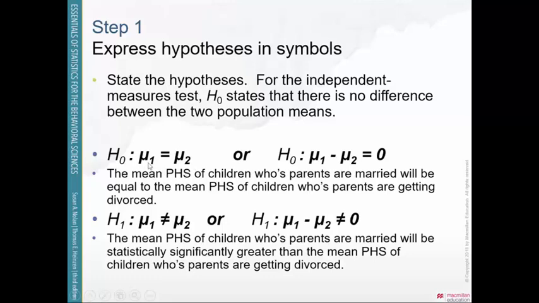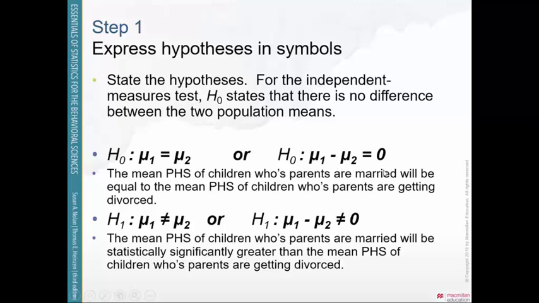So mu1, this will be the married parents, so the mean physical health score of children whose parents are married will be equal to the mean physical health score of children whose parents are getting divorced. In this case, we're saying there's no effect of the independent variable, that the two means should be equal to each other.